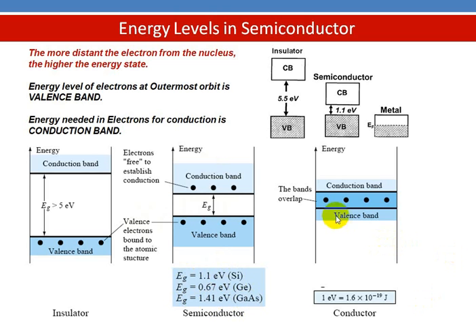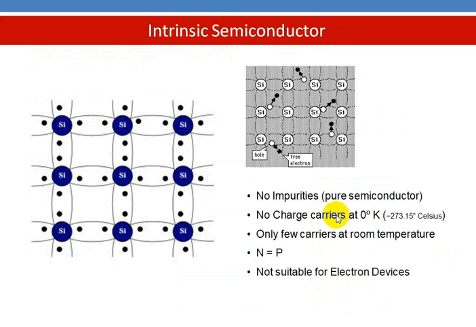For metals, the conduction band and valence band overlap each other, so the energy required is very less. It is 1.6 times 10 to the power minus 19 joules. A very small amount of energy is required to move electrons from the valence band to the conduction band.